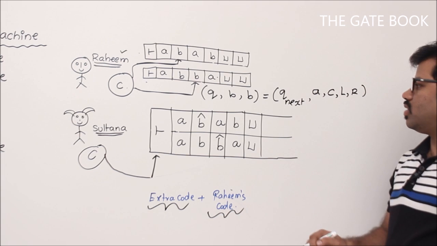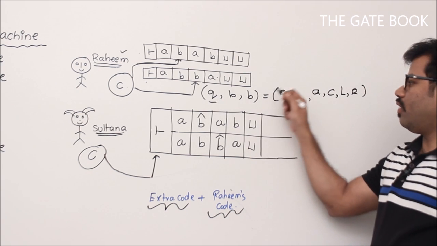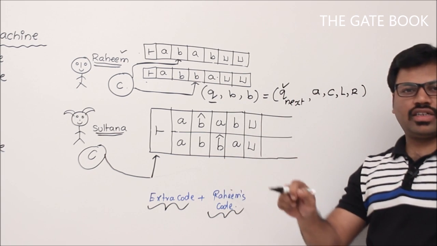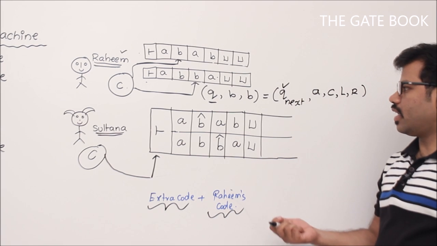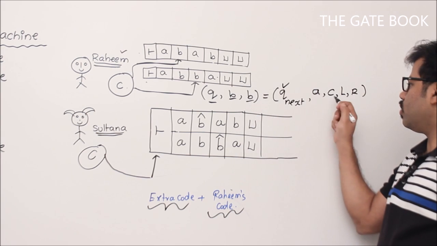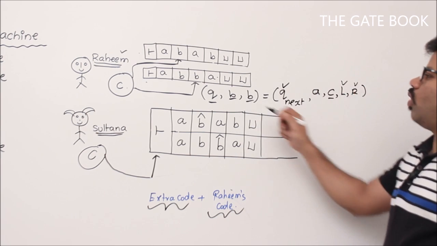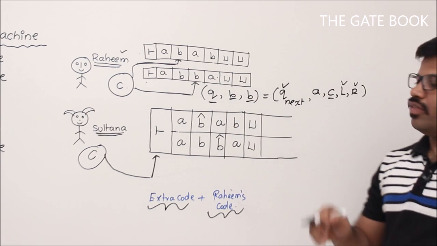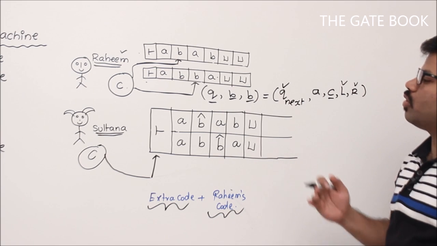So finally Rahim says, see, from Q I went to Q next. Can you go like that? Sultana says yes, I can go like that. Now I am changing B to A and another B to C, and I am moving one tape head to left, one to right.